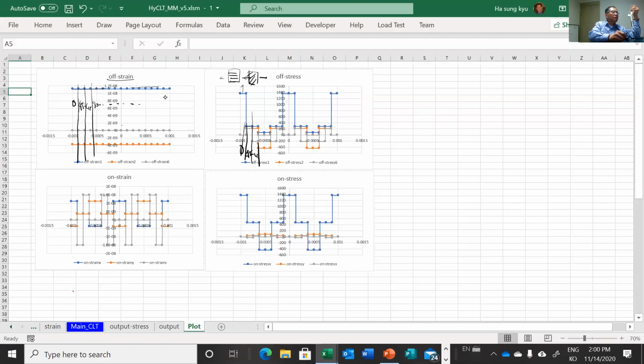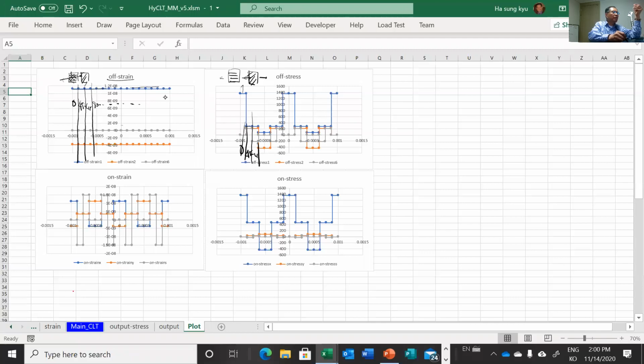But the off-axis strain is that even these 0, 90, and 45 plies are all bonded together, deforming together.